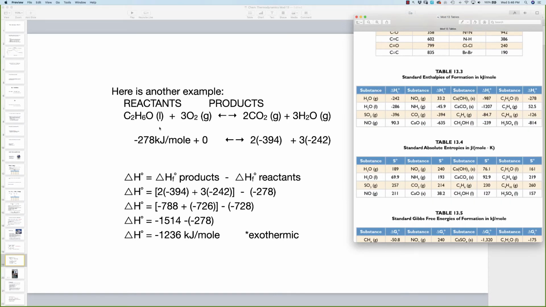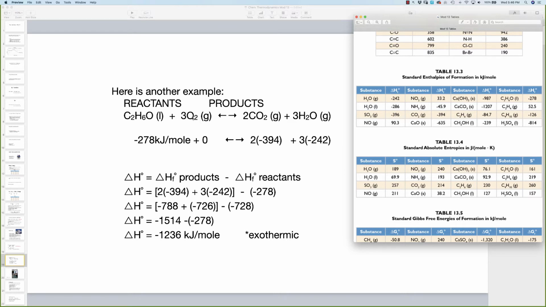Okay, so here we have C2H6O, and we go to our enthalpies. Don't get confused with the standard entropies. We'll talk about that later. But C2H6O in a liquid form, we have a negative 278. So there's our negative 278.